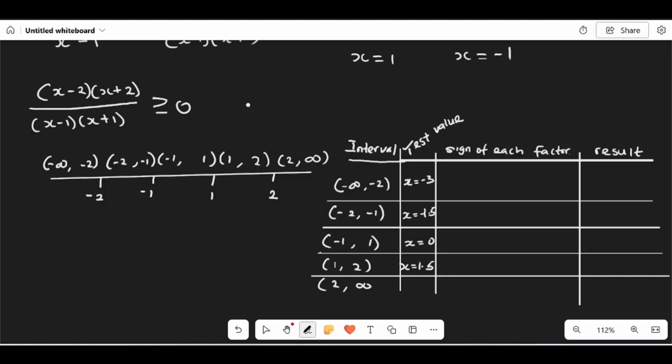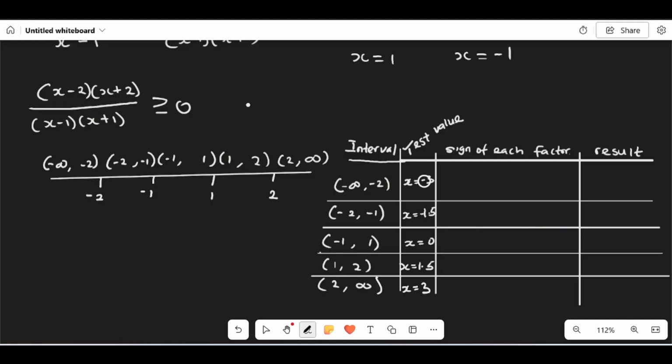And between 2 and infinity, let us pick x equal to 3. Let us insert minus 3 into this inequality, into each factor, and check their signs.